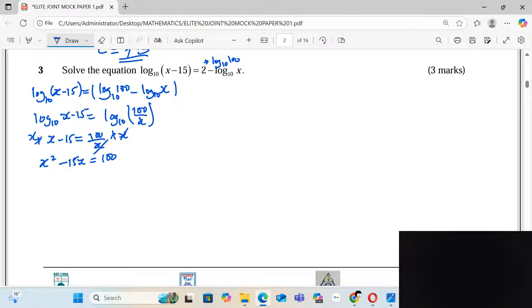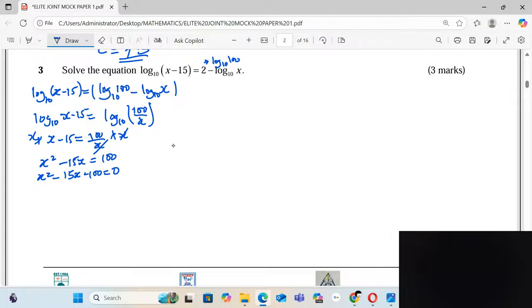Now we work this one out. So 100 comes to this other side. So we have x squared minus 15x, then minus 100 equals to 0.